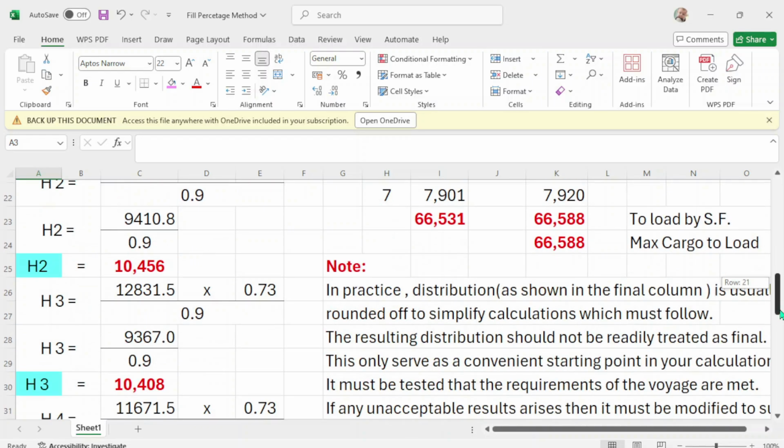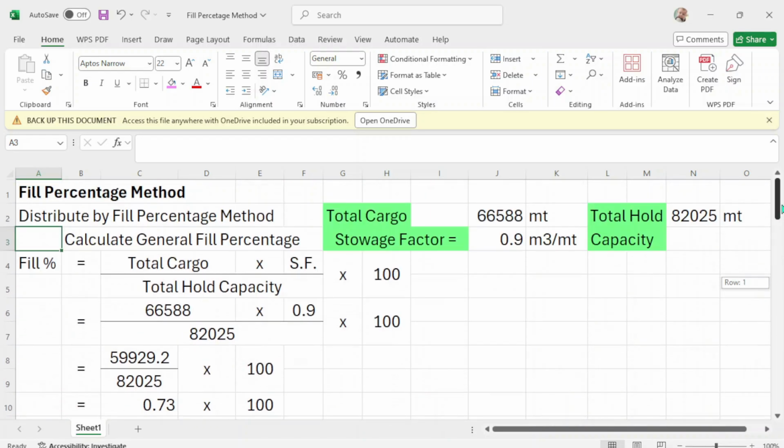Okay, so this is the formula, guys, for getting the percentage of each hold. Total cargo, which is 66588, times your storage factor of 0.9 cubic meter per metric ton, over the total hold capacity of 82025, times 100.